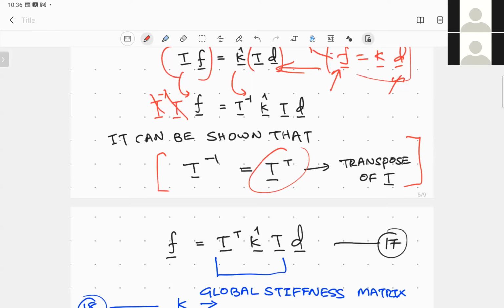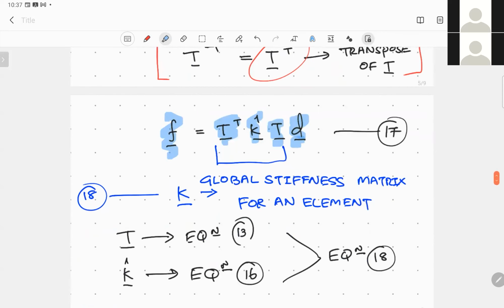So using this definition, you can express the force matrix as T inverse, which is now replaced by T transpose, times k hat, times T, times d.